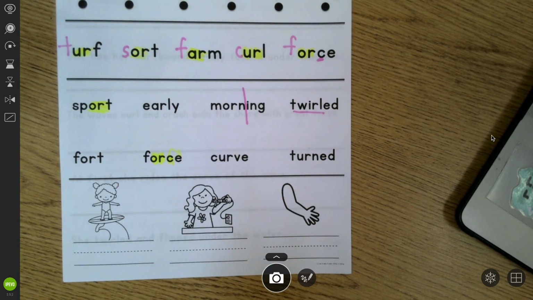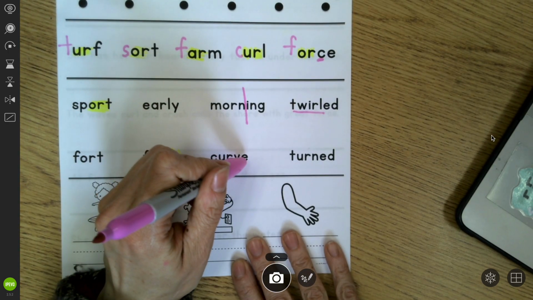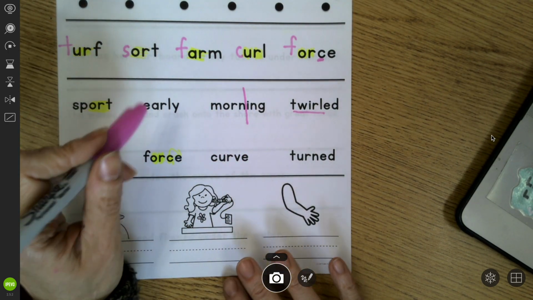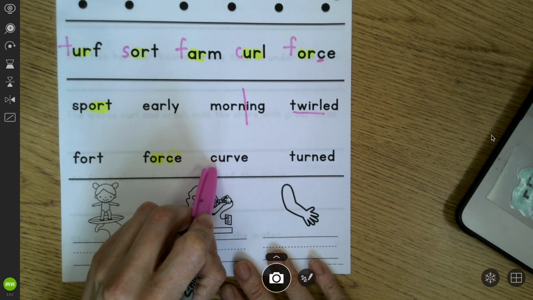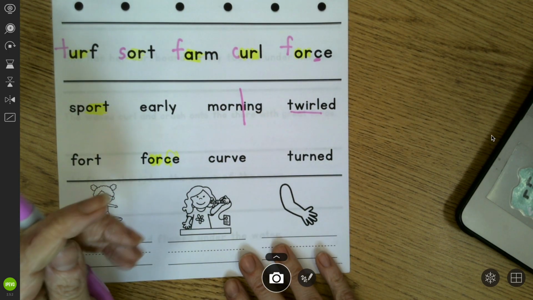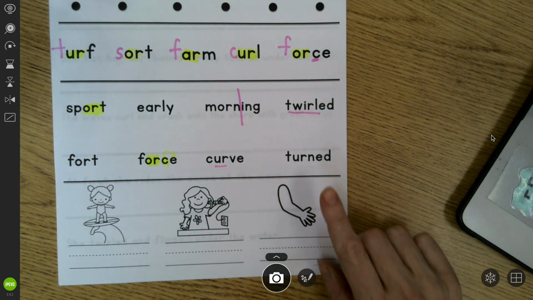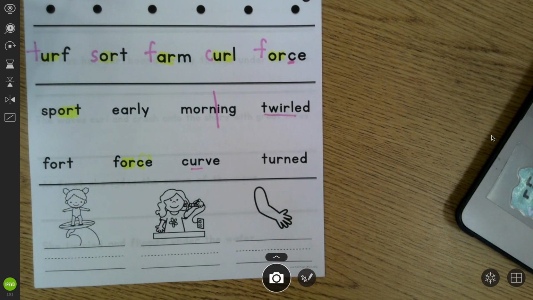Force. And this word, when an E comes after a V or after C, it's silent. So we have curve. The UR again, making that sound. You can do this. Turned. Okay.